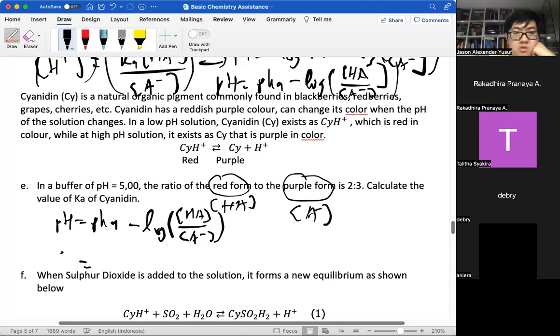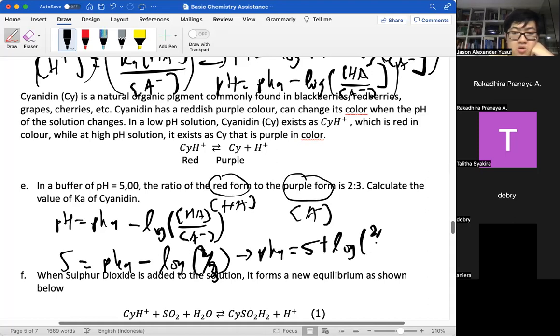We know the pH is 5, so this is 5 equals pKa minus log 2/3. And so pKa is 5 plus log 2/3, and the Ka is 10 to the power of -5 minus log 2/3.